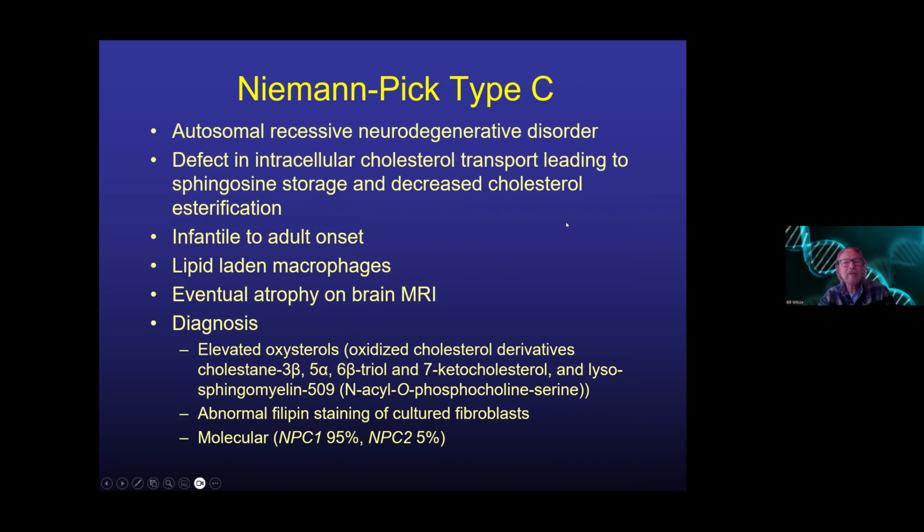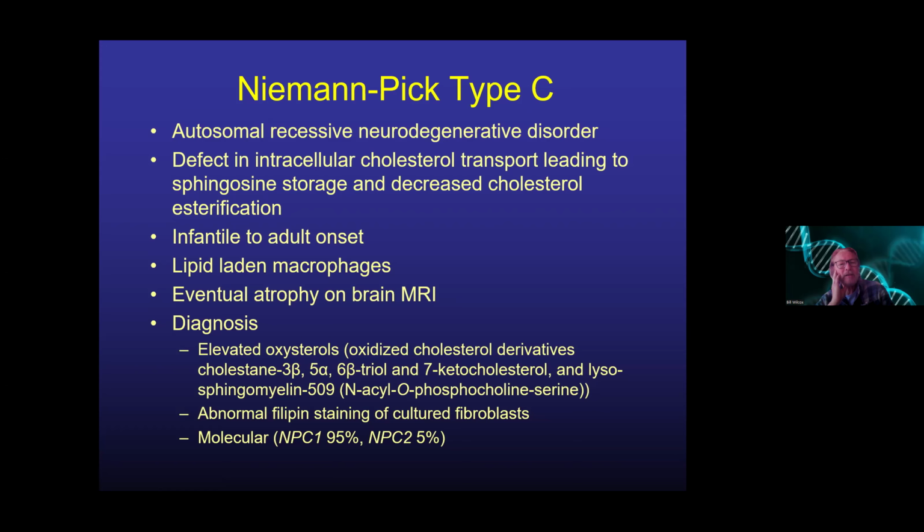So now I'm going to turn to our last disease before we go to questions, Niemann-Pick type C. This is an autosomal recessive neurodegenerative disorder. They have a defect in intracellular cholesterol transport, which leads to sphingosine storage and decreased cholesterol esterification.